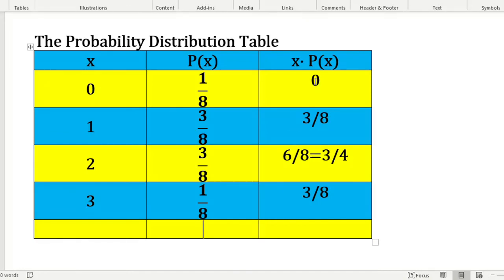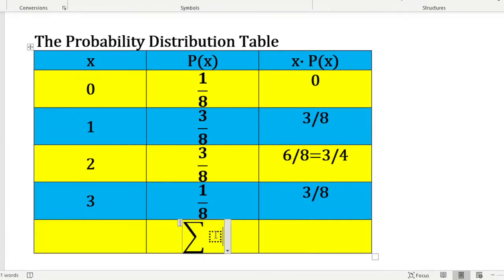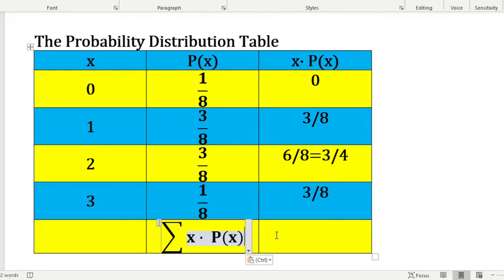We have now finished step number 2. We have determined all the products, and we proceed to step number 3, which is to get the sum of all these products for us to be able to have the value of the mean of our discrete random variable. We express it here as the summation of the products of the possible value and its corresponding probability.